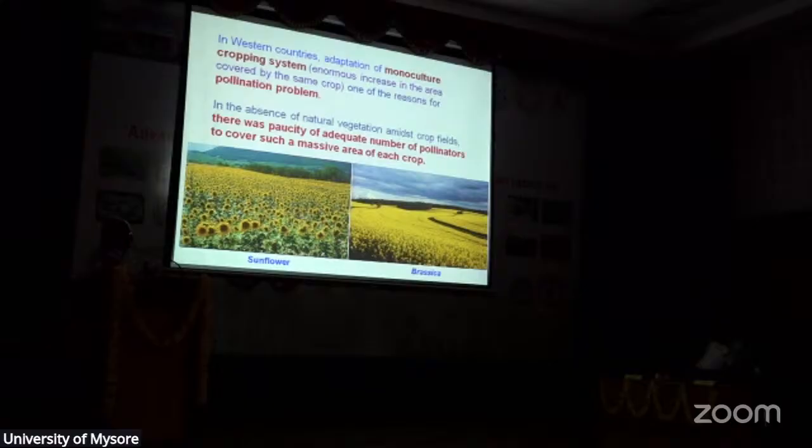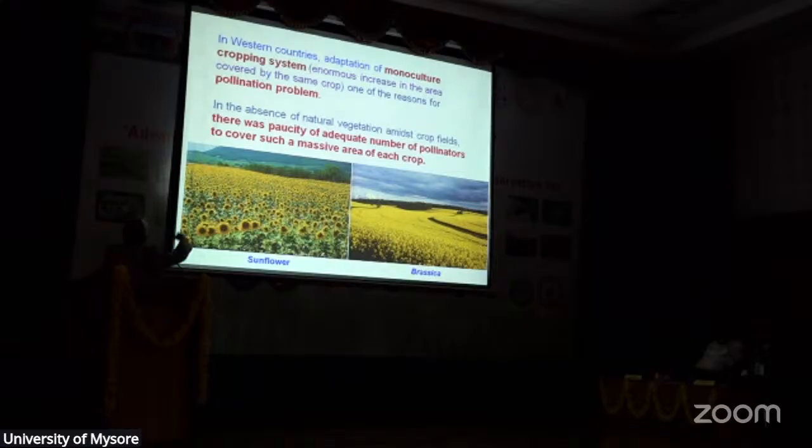Now, in Western countries, the pollination problem started much earlier, not because of pollinator decline, but because of their monoculture cropping system. Monoculture cropping system means the same crop is grown in hundreds of acres. For example, this is one of the photographs of sunflower, and that is brassica.